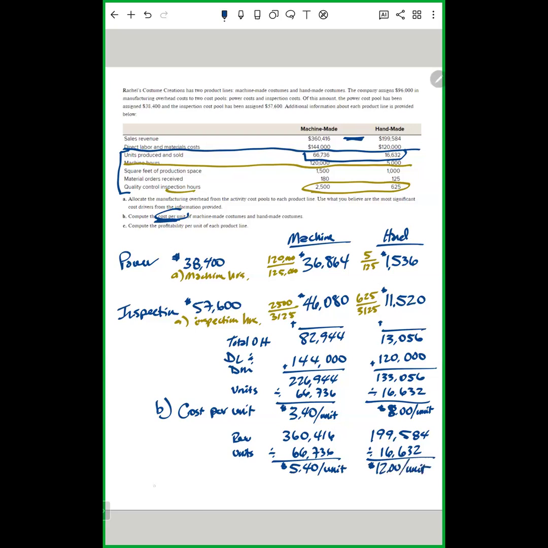And so then C actually asks us for profit per unit. So we're comparing the 5.40 and the 3.40. So this is $2 per unit, right? And then the 12 minus the 8, this is $4 per unit.